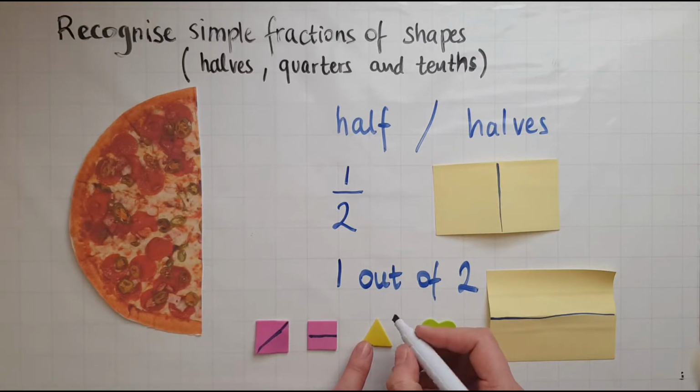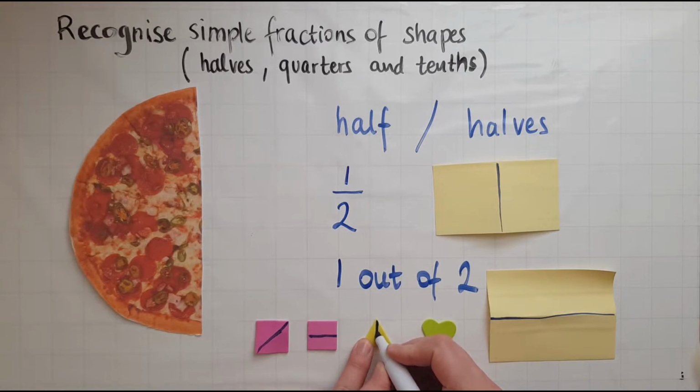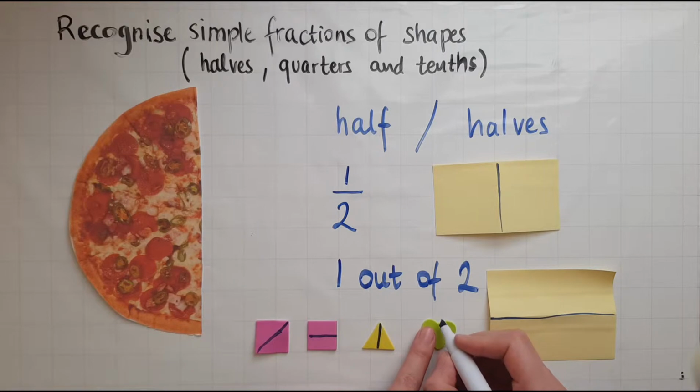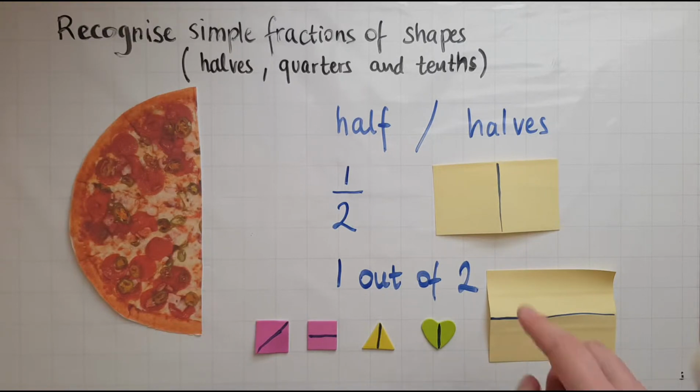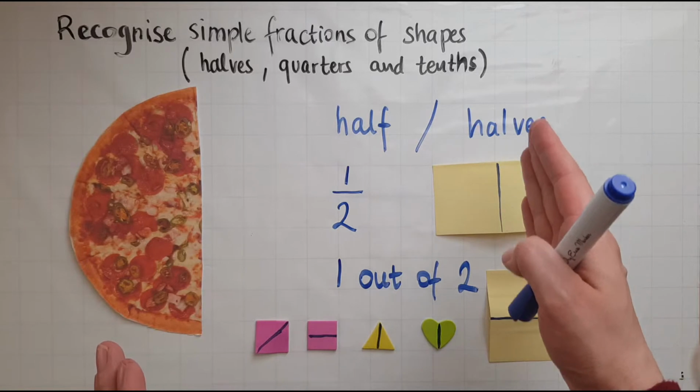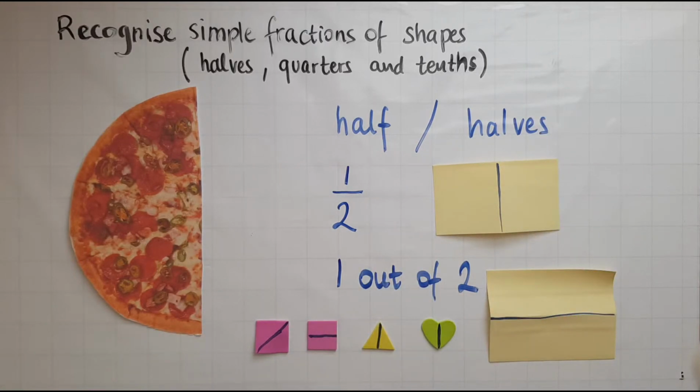A triangle, that's half of a triangle, and that's half of a heart shape. So halves are 1 out of the 2, so cut into 2 equal parts and you take one of them.